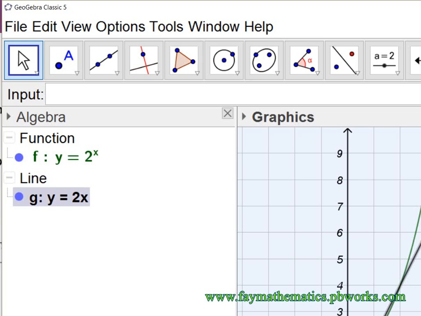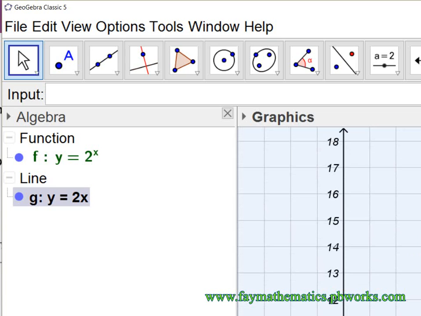So the exponential got to a larger y value faster than the line did. If I want to get to 16 on the exponential, I only have to go out to an x value of 4, but on the line at an x value of 4, the y value is only right here, where it would be 8.